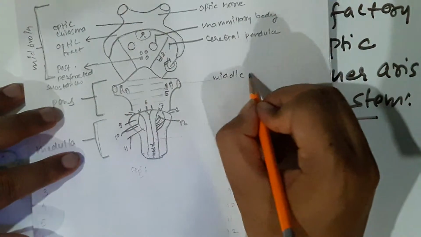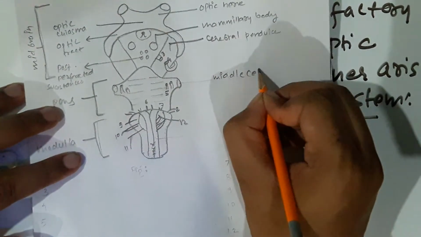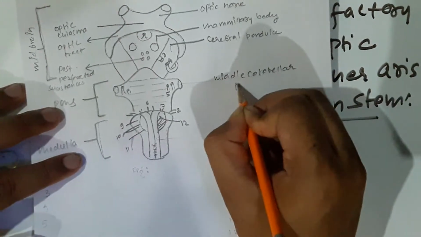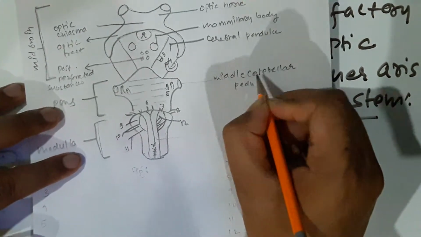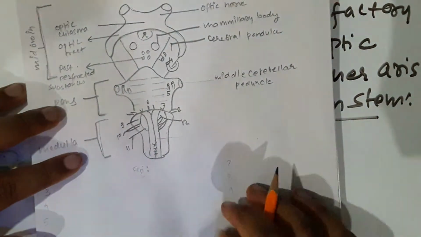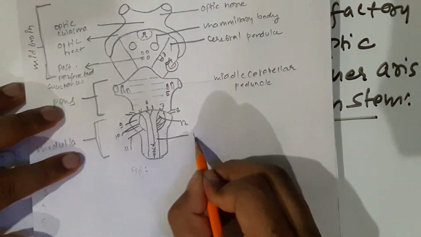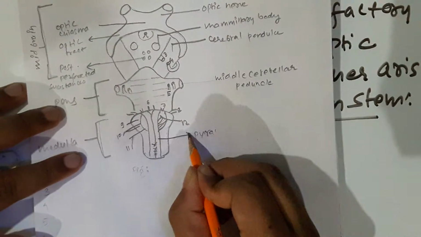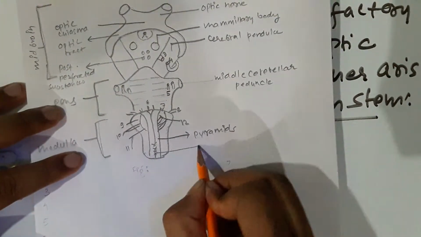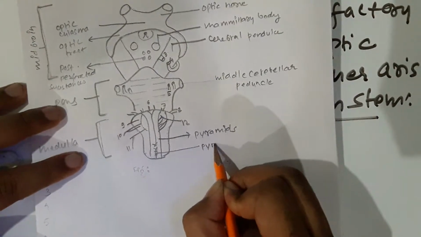Not cerebral, cerebellar peduncle. And this is the pyramids. We'll come to know what pyramids are when we discuss the internal features. This is the pyramidal decussation.